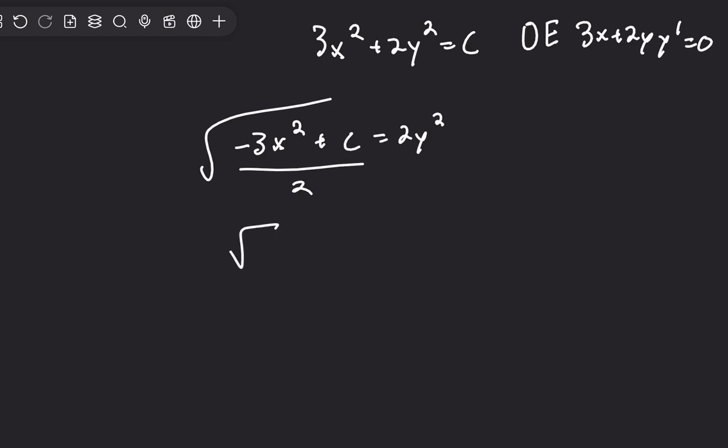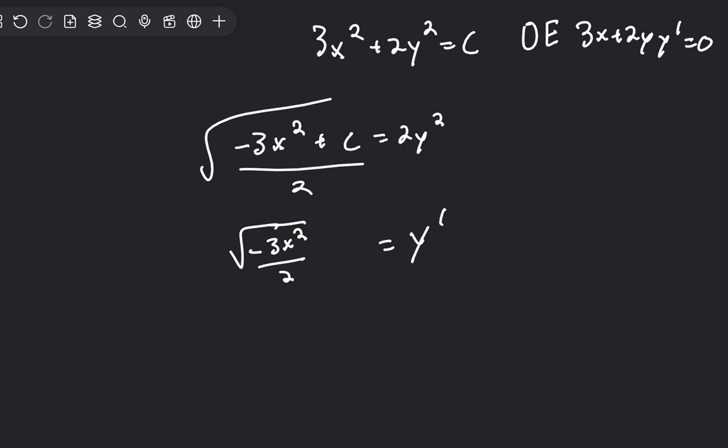So we have the square root of negative 3x squared over 2 plus c equals y. Now we don't really need c in this equation, so we can just get rid of it. Okay, so now we take the derivative of y, and then we can solve from there.